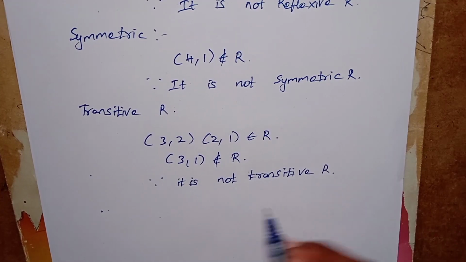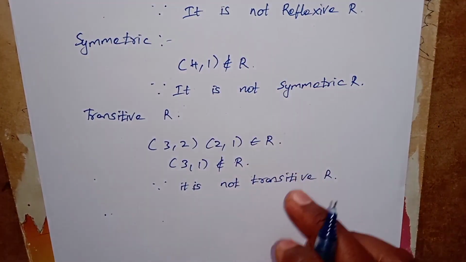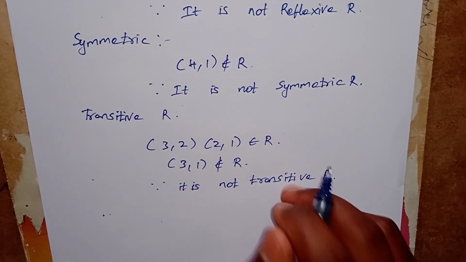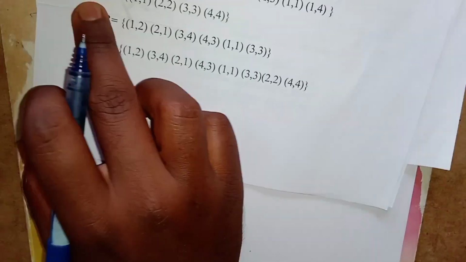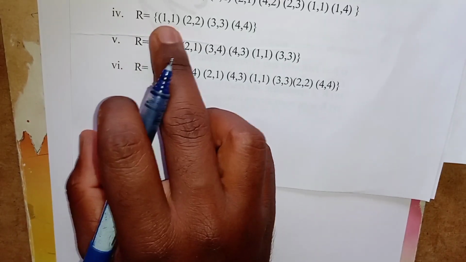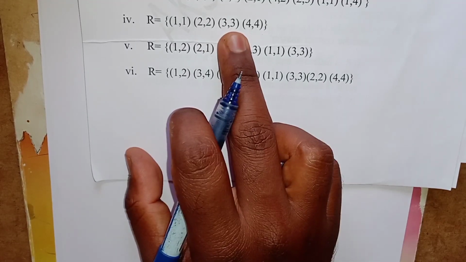Finally, you should write neither reflexive nor symmetric nor transitive. Subdivision 4. R equal to 1, 1, 2, 2, 3, 3, 4, 4.